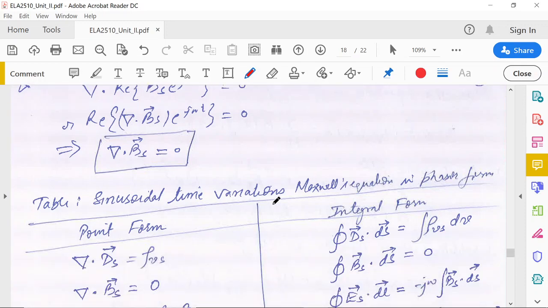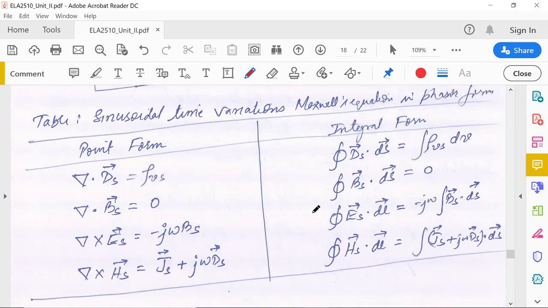We can summarize these phasor forms in this table. In point form, it becomes del dot D_s equals rho_vs. These depend upon space only, but they are all the phasor forms of the actual D, which is time dependent; we have split off the time part.